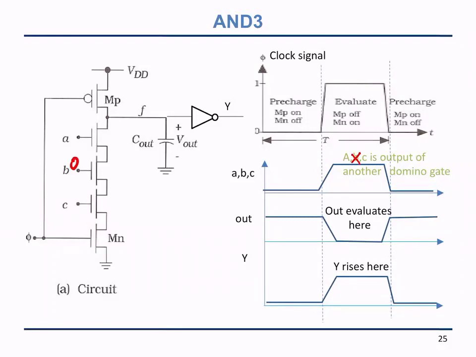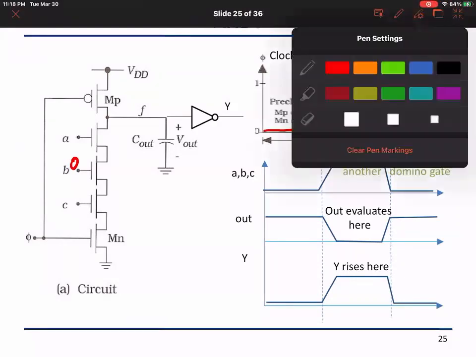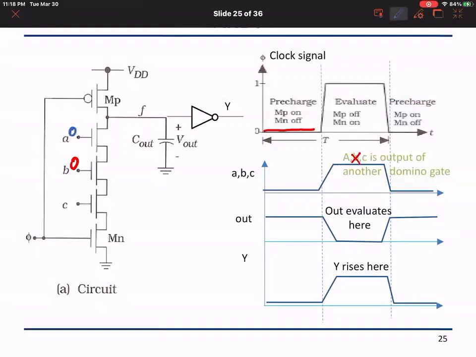Under this scenario, during low clock, we agreed that all the inputs were 0. The clock is low, so this is on, this is off, and it's going to charge. So my output F will start high.